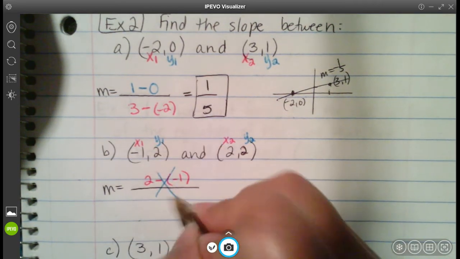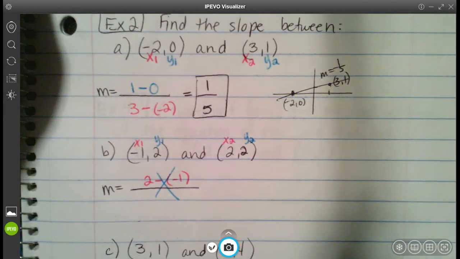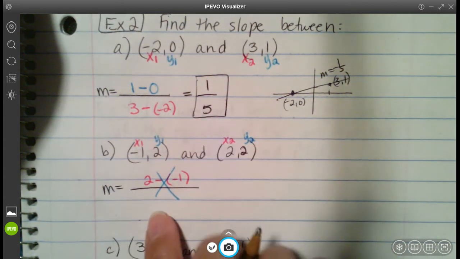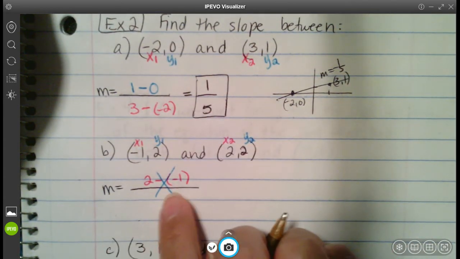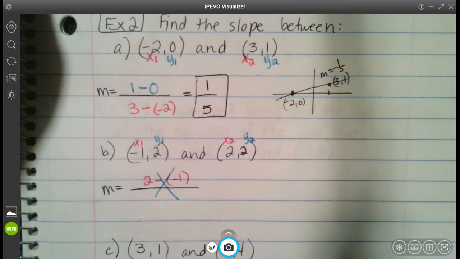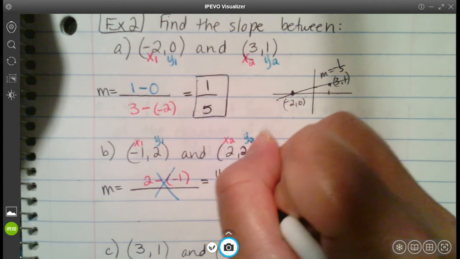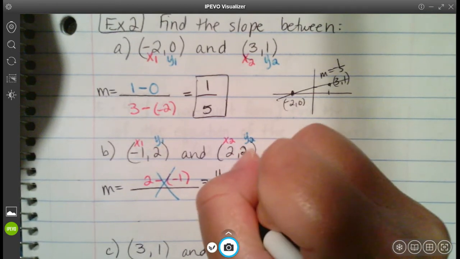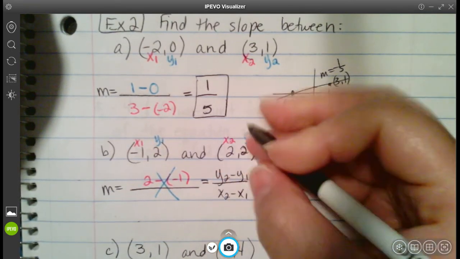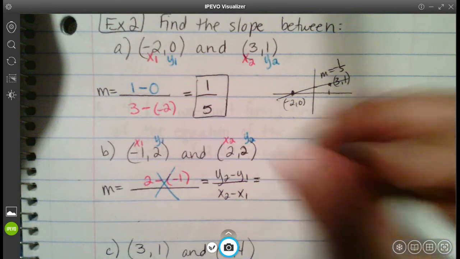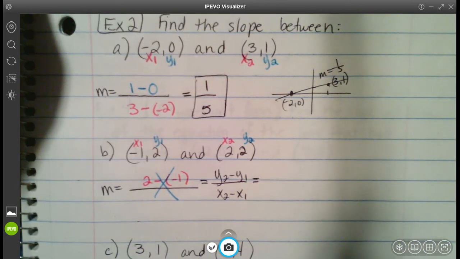So I messed up. Don't do that. That's a good example of what not to do. Make sure that you start with the correct variables. So the variables on top should be your y's. And actually, let me write that over just so we can remind ourselves. See, we all make mistakes. I did that on purpose. That way I could kind of show you how easy it is to make a mistake.